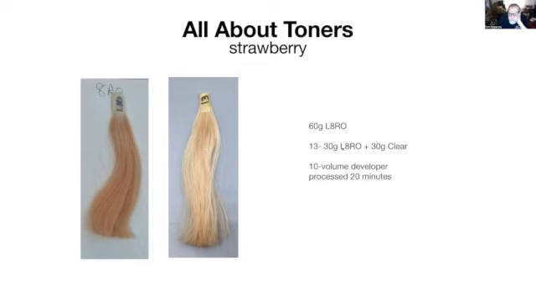Remember that for every 15 grams of clear that you add to a color formula, it becomes one level lighter. In this case, because I've added equal parts of liquid 8RO and clear, it becomes 2 levels lighter. So you can see that it definitely is a 10RO.